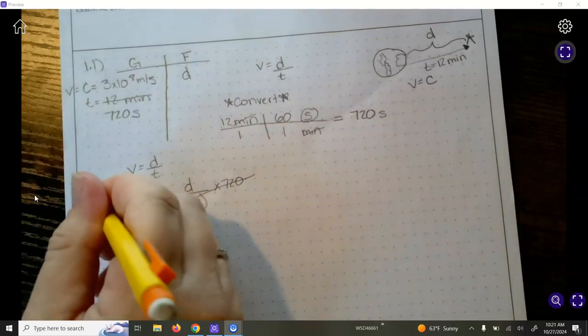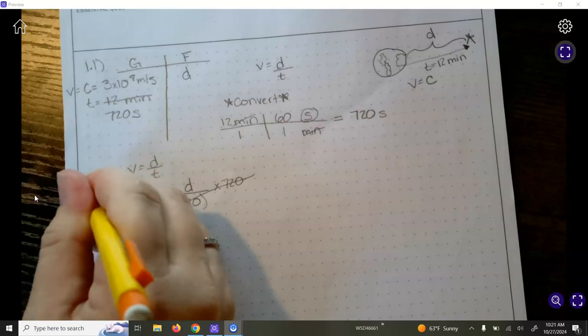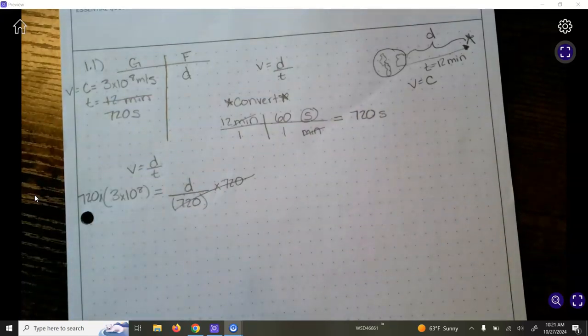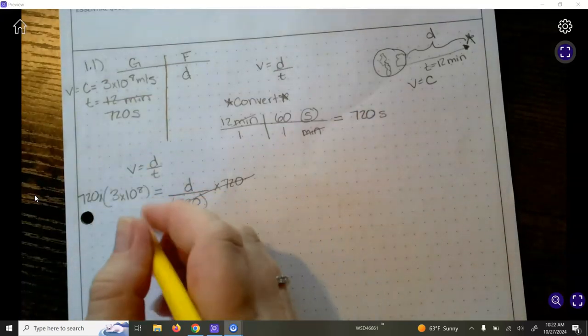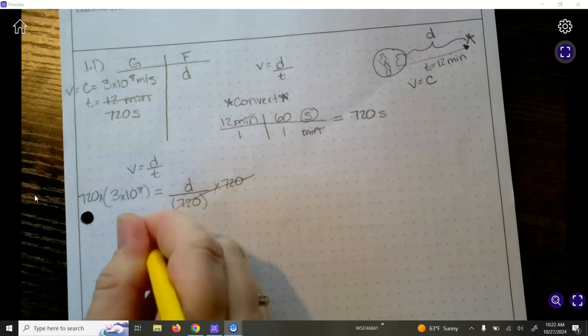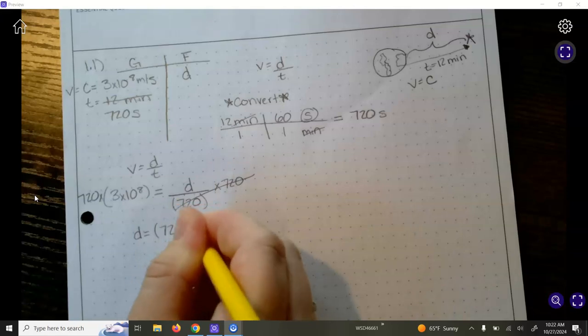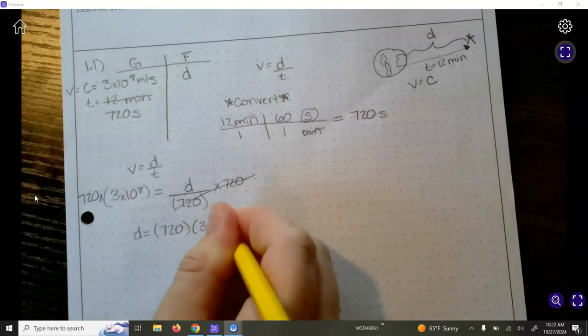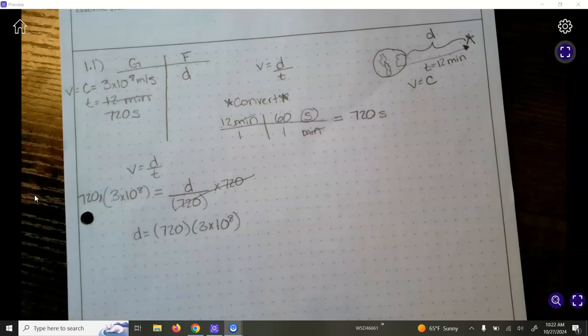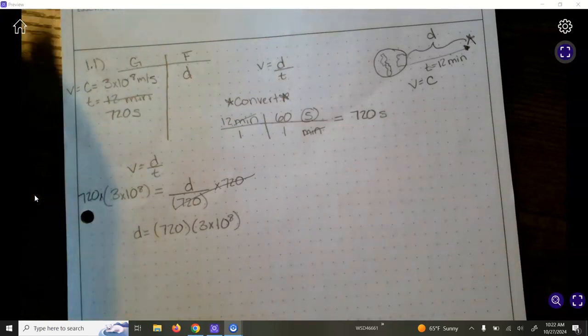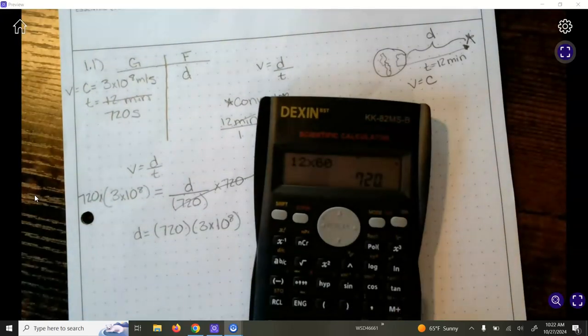That's going to cancel, right? And remember, we always write our variable on the left. D is equal to 720 times 3 times 10 to the 8th. These two numbers multiplied together are going to give me my answer for my distance.